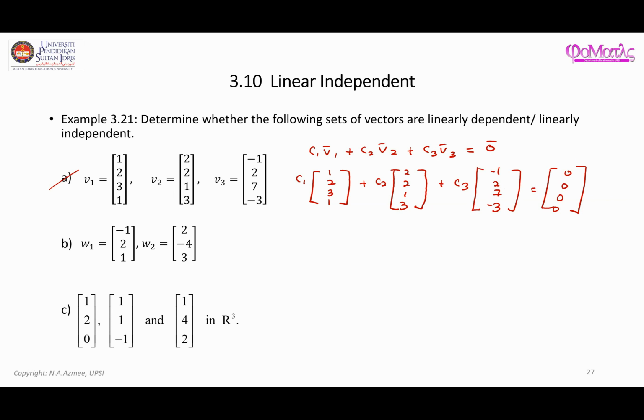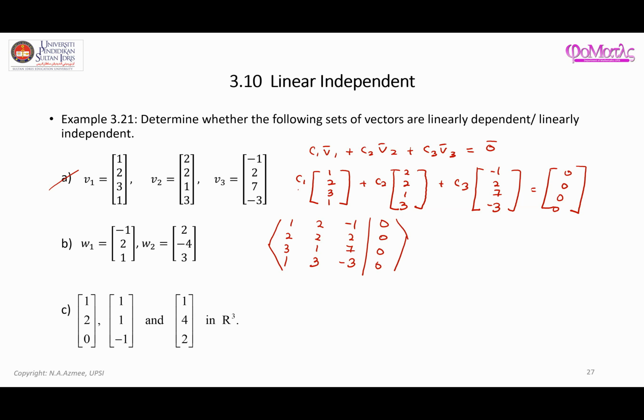So this is a homogeneous system of linear equations. In order to find the values for C1, C2, C3, we can represent the whole thing using an augmented matrix. So we have 1, 2, 3, 1, and -1, 2, 7, -3, and here we have 0, 0, 0, 0.